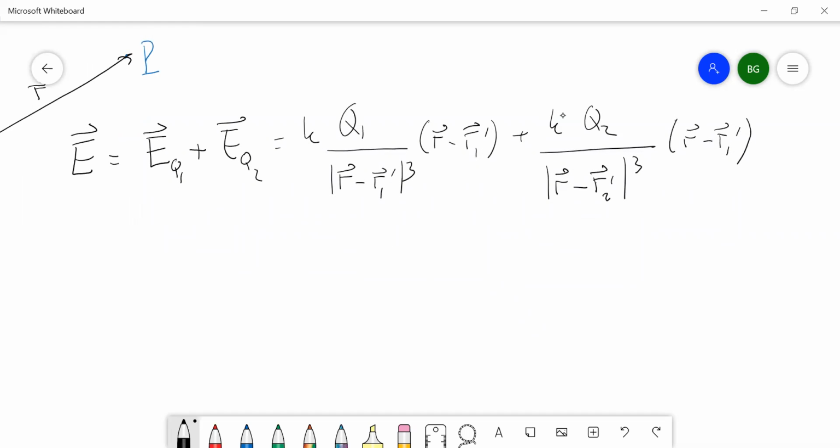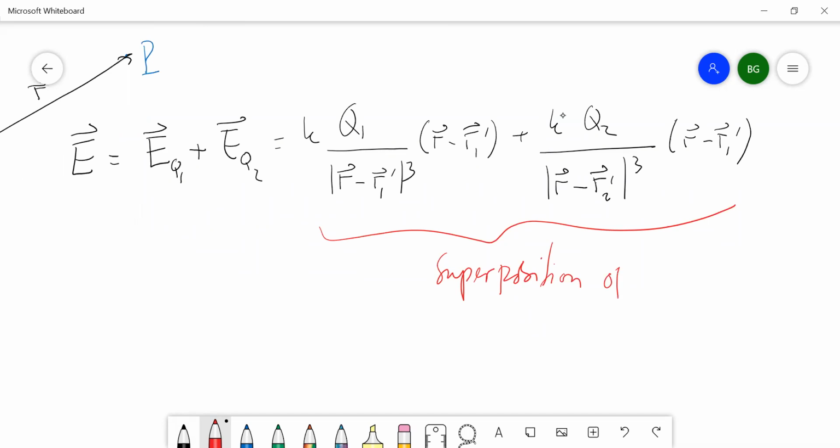So this is the superposition of electric field.